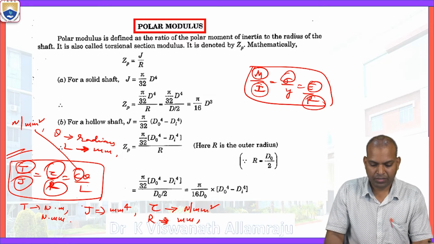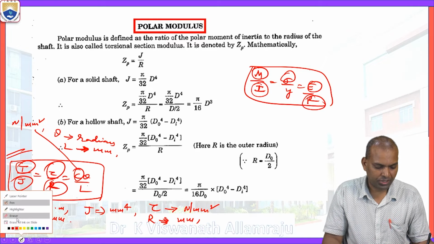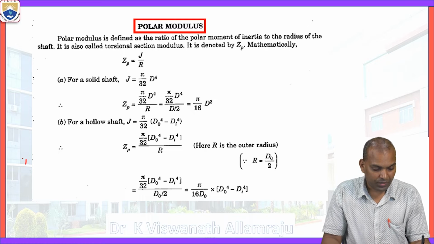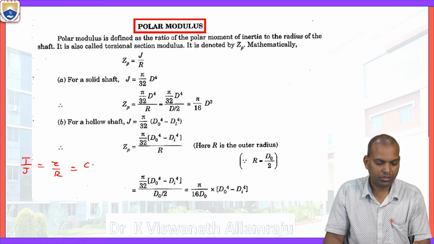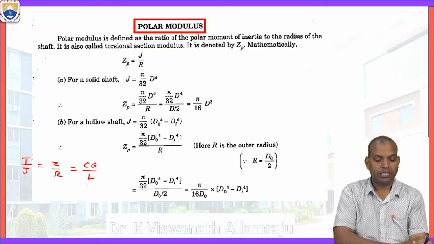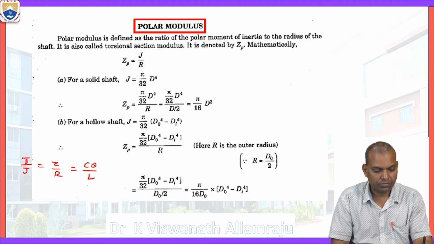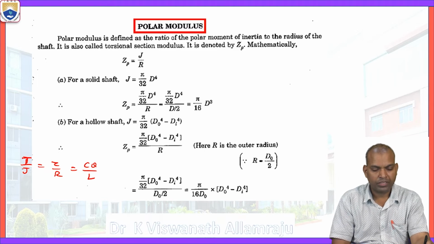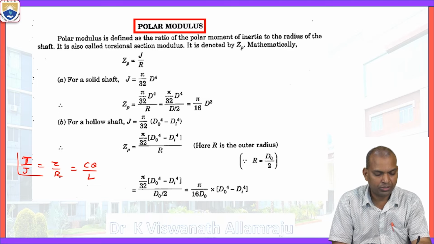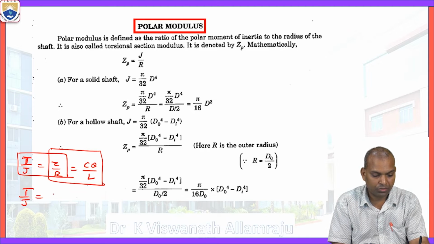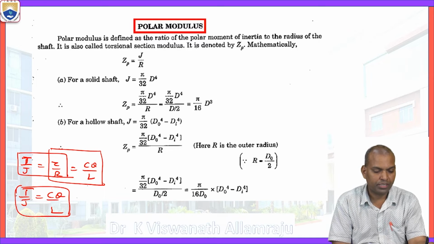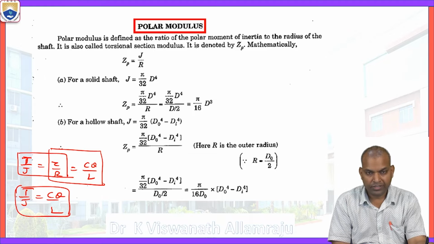And what is the significance of this equation, the pure torsion equation T by J equal to tau by R equal to C theta by L? This equation is very important in order to find the unknowns. Based on the input parameters and data given, we have to use the relations T by J equal to tau by R, or tau by R equal to C theta by L, or the combination T by J equal to C theta by L. These are the various combinations we have to use based on the given data.